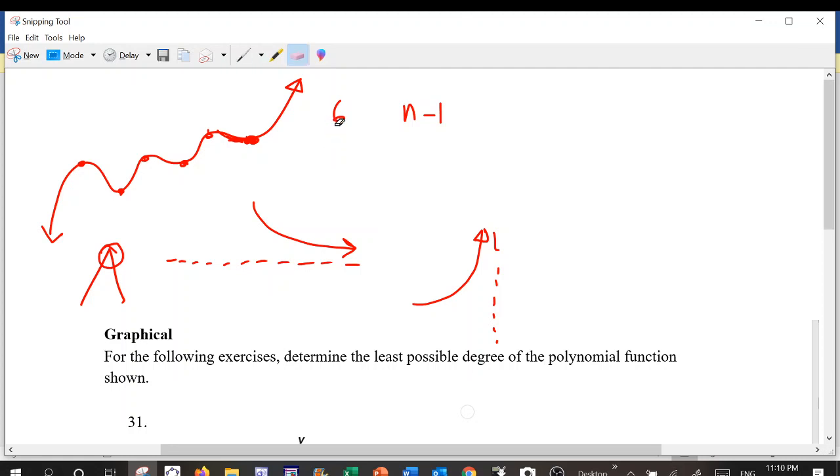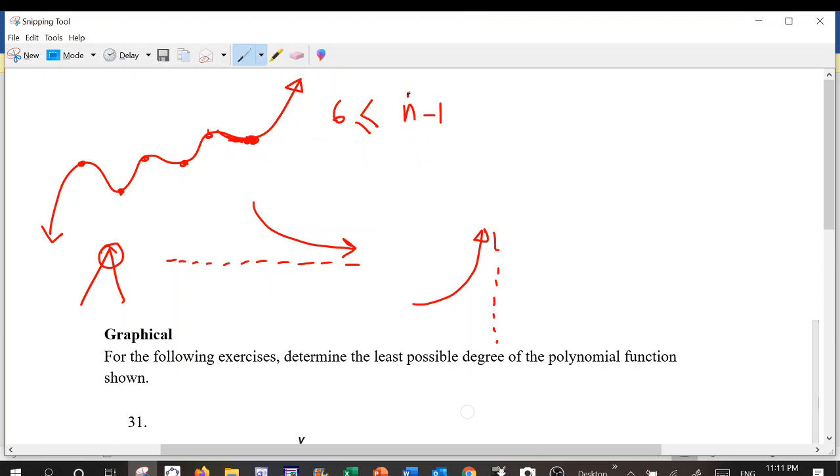The maximum number of turning points it can have is n minus 1. That means n minus 1 is the maximum number of turning points it can have. But in this case, we have 6 of them.